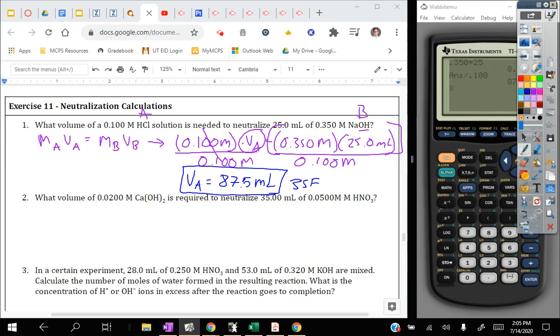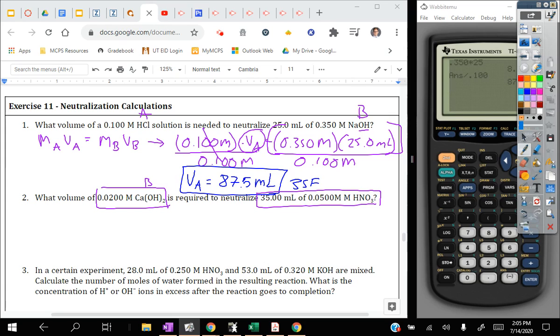All right, let's try the next one. The next one is tricky because there are actually 2 moles of OH minus for every 1 mole of calcium hydroxide. So I have to change some things to make sure that everything stays balanced. So I'm given my molarity of my base. I'm given my volume and molarity of my acid.